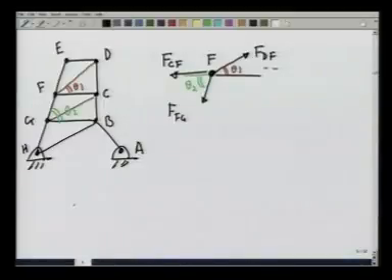To calculate sine and cosine of theta 2, let me just drop a perpendicular from here. Recall that this is 10L, this line is 13L, this is 16L.